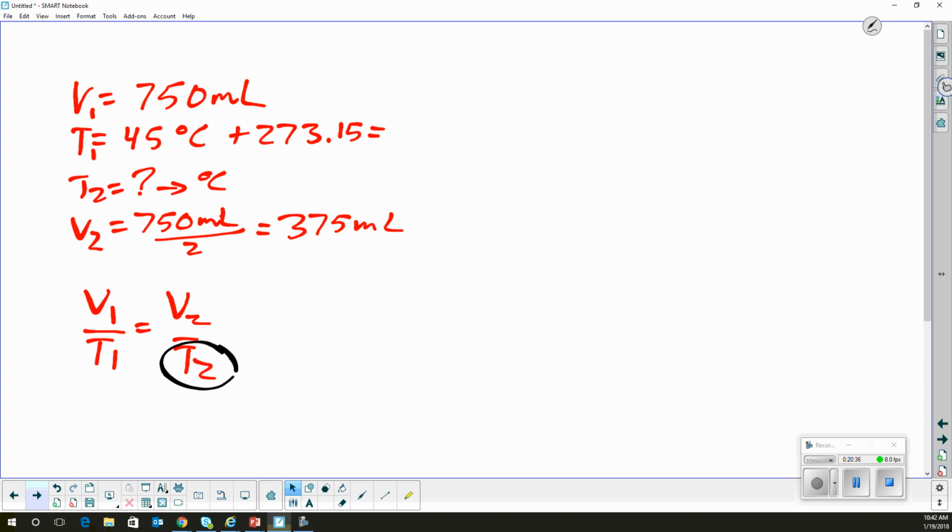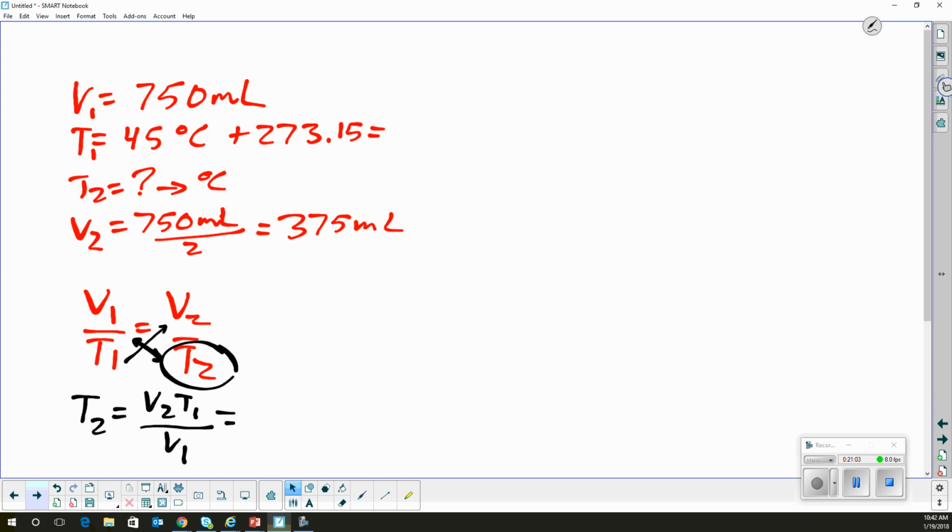So I'm going to do rearranging. If it bugs you to rearrange it, just put the numbers in and then solve. Doesn't matter which way you do it. I like to rearrange first, so I change places with volume 1 and T2 and then times through by T1. So I get T2 is equal to V2 times T1 divided by V1, and then I just plug in.